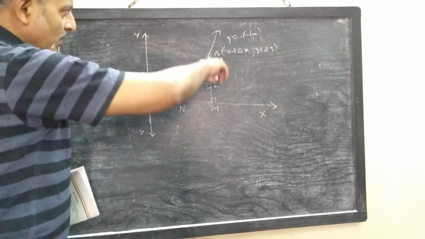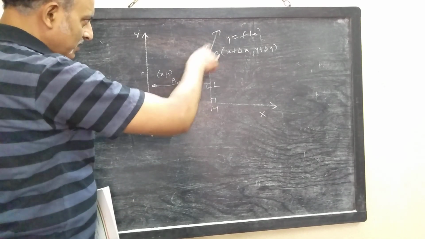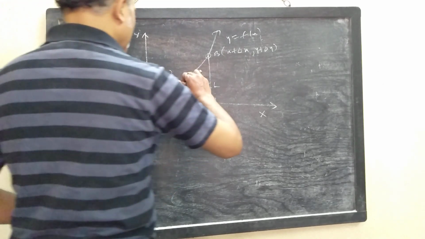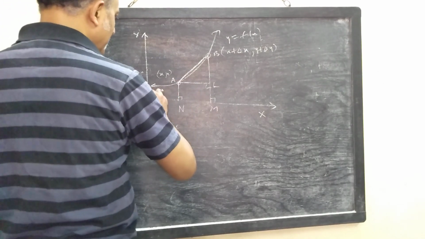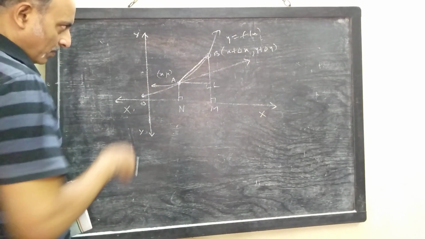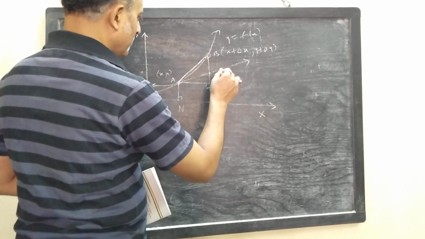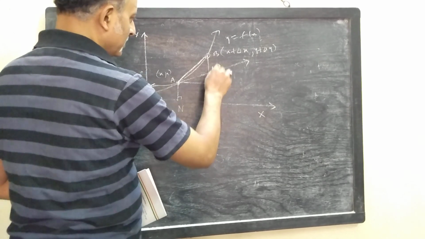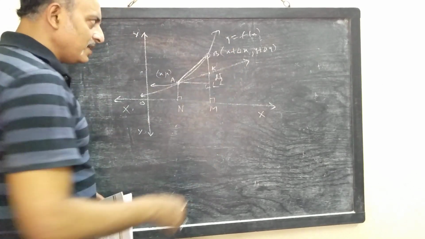You know, if the point B approaches the point A, and in the limiting case when the distance between A and B becomes 0, that is B coincides with A, then chord AB becomes the tangent at the point A. And you know this length LN, say this is K, this length KL is dy, and this length BL is delta y.